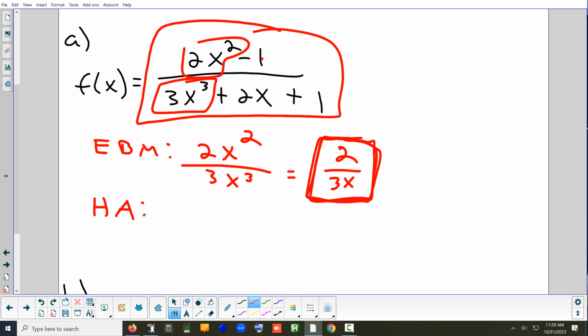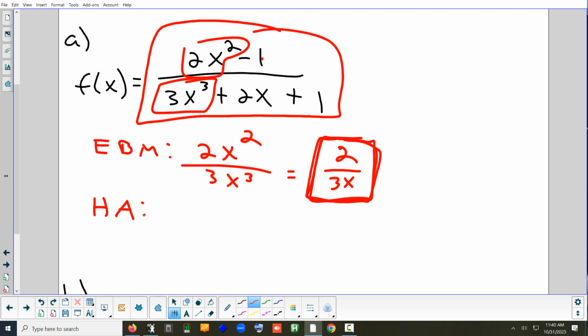How big do we let x get if we want to find a horizontal asymptote? Infinity, right? You let x approach infinity. As x approaches infinity, whatever happens to that box is your horizontal asymptote. So what happens to what's in this box as x approaches infinity?